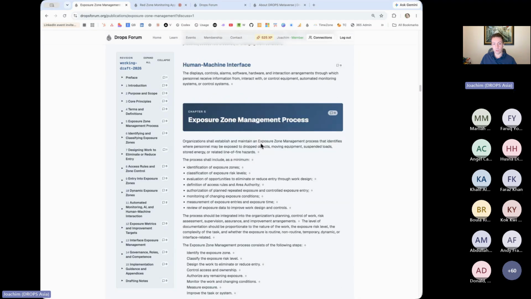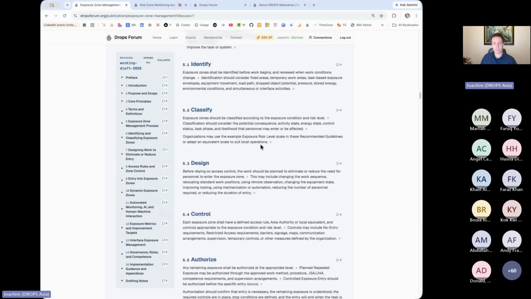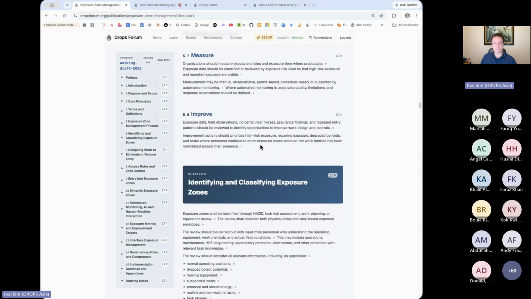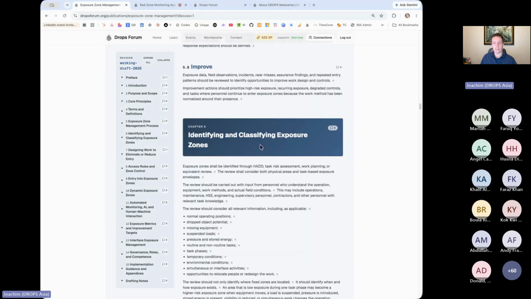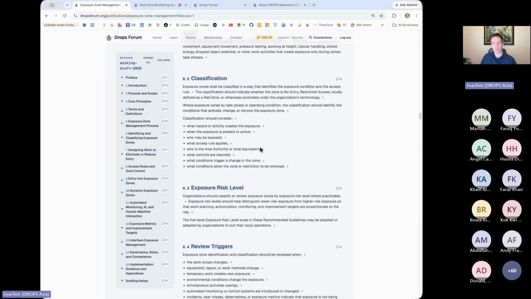We have an exposure zone process, which we probably need to design a nice diagram for. Then this is more about identifying and classifying exposure zones. This very much mirrors the original red zone management booklet.